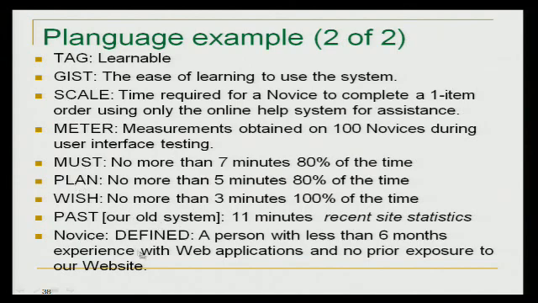And then other information here, I'm going to define exactly what a novice is. Because even saying a novice, what does that really mean? Well, it's a person with less than 6 months experience with web applications, no prior exposure to this particular website that they're going to use to go schedule this conferencing system or whatever, okay? So it's a lot more data, but it gets you to think more about the problem, okay?